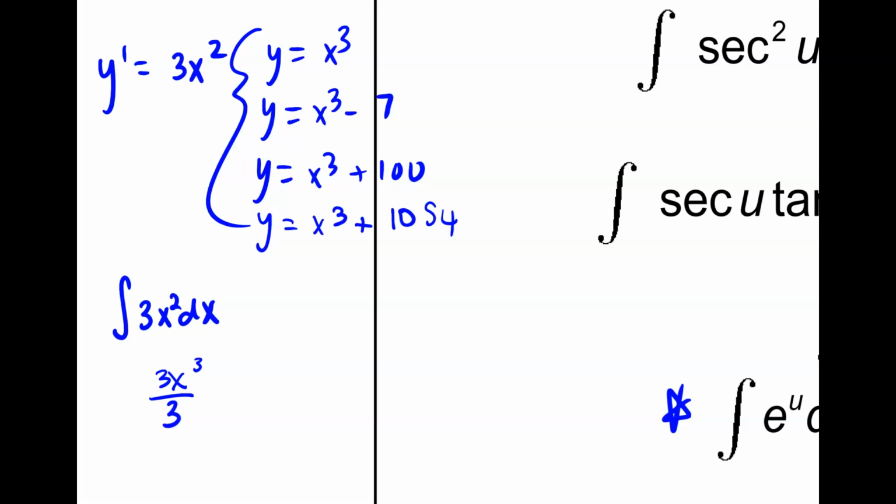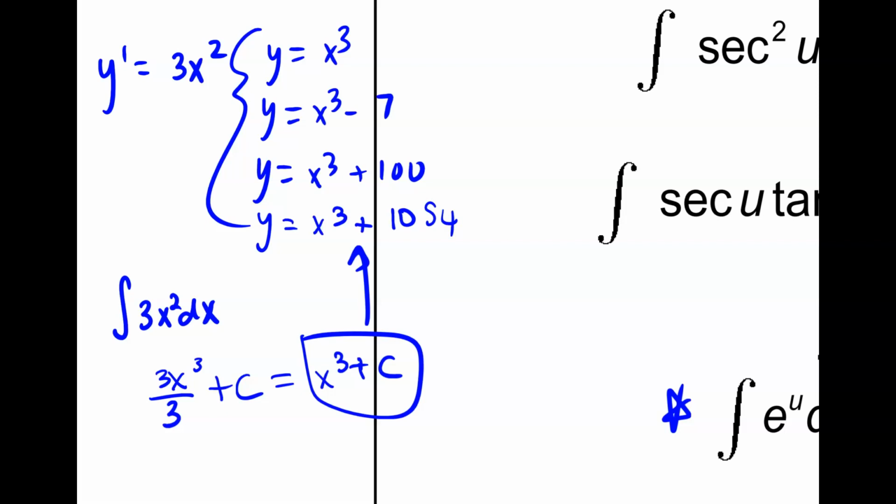It's like the opposite direction. I'm not being very good with verbs right now to describe how to do it. And you got to tack on a plus c. So this is just going to be x cubed plus c. This is the simplest version we can have. Notice all of the ones I listed up above are x cubed plus a constant. I could be adding a constant of -7, of 100, of 1054. They all are the exact same thing.